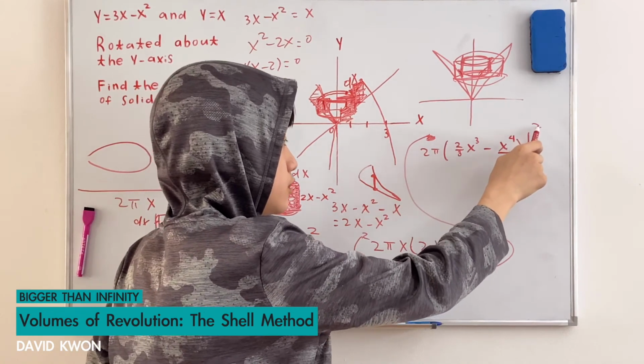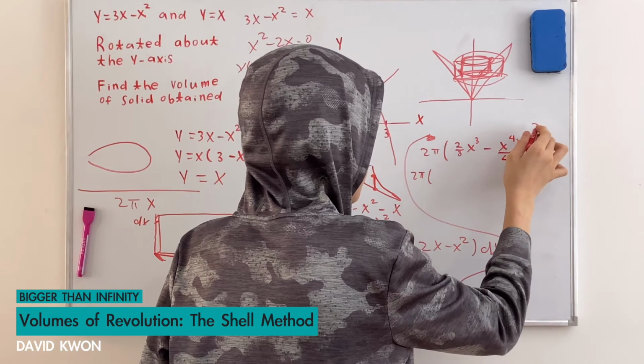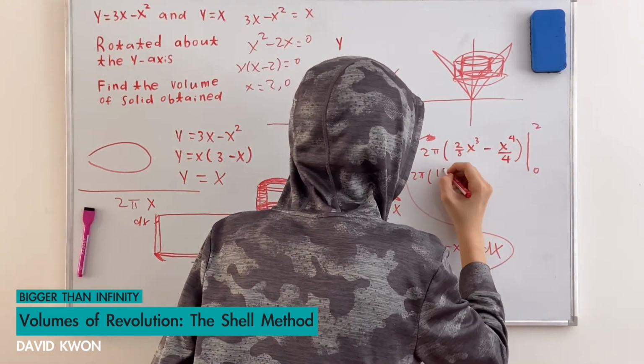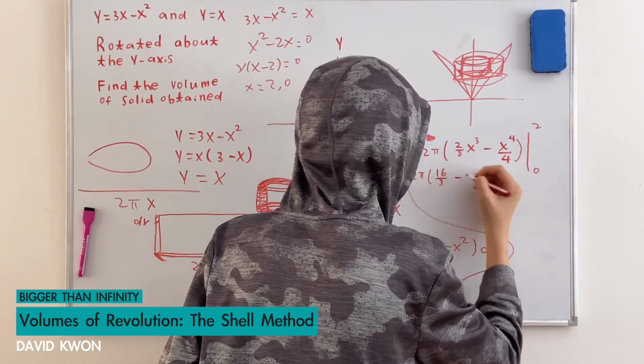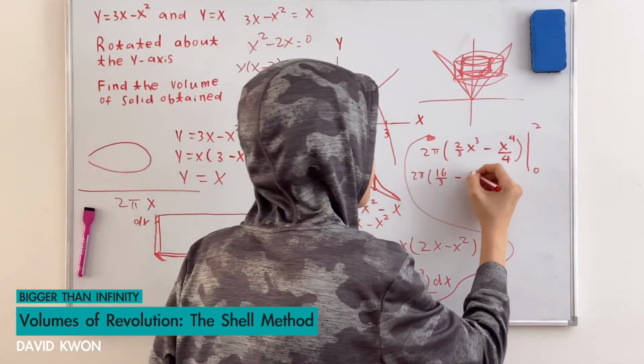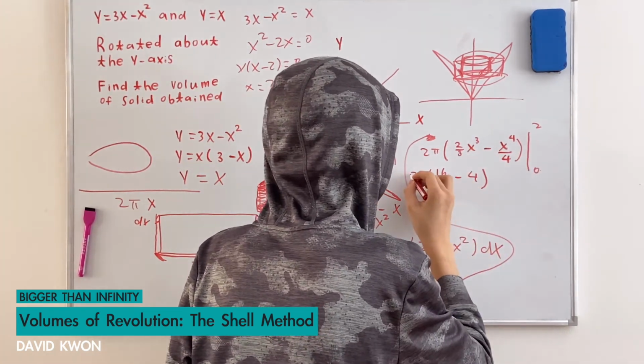So x is equal to 2, which means 2 cubed is 8 times 2 is 16 over 3, minus 2 to the power of 4 is 16 over 4, which is 4. Putting in 0 does nothing.